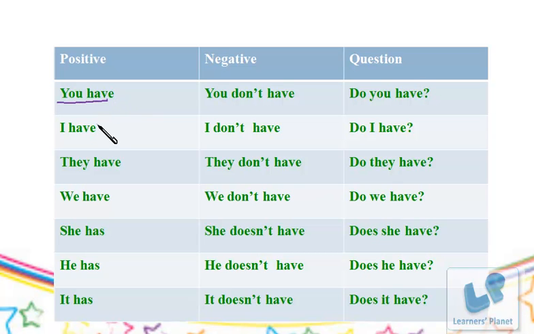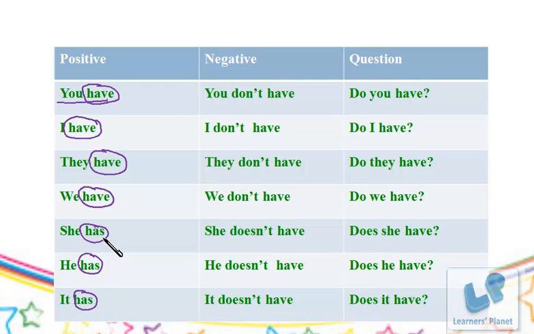Children, over here, everywhere we can see that have is used only with the first person, second person, and third person plural. Have cannot be used with third person singular. Only has can be used with third person singular.